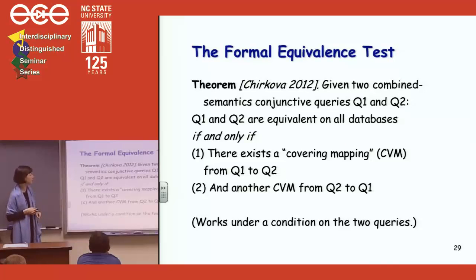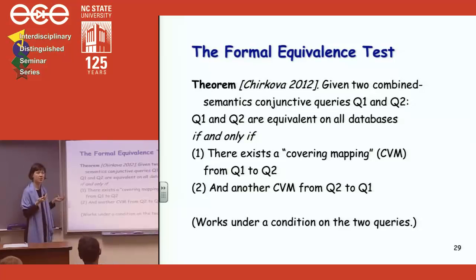So here's the formal equivalence test. Actually, there used to be separate tests for several versions of such queries, and they all turned out to be special cases of a more general case. So what it's saying is that for a certain type of queries, very common queries in practice, under certain conditions on those two queries, they return the same answer on all databases if and only if you have a mapping from the first query to the second and you have a mapping from the second query to the first.